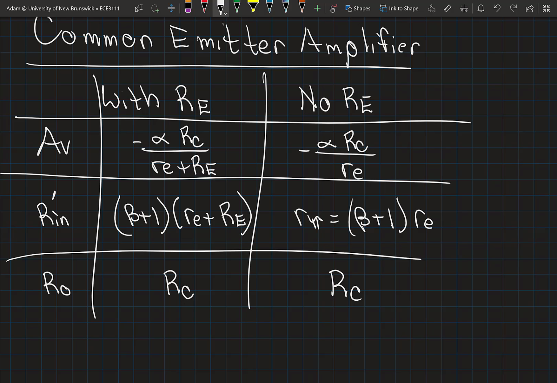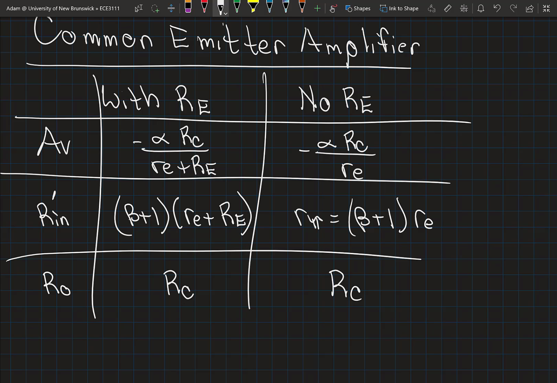Okay, so that summarizes the properties of a common emitter amplifier, and we have all of those things that we like to know about an amplifier in general: what its voltage gain is, what its input resistance is, and what its output resistance is. And we see that they're dependent on those bias components.